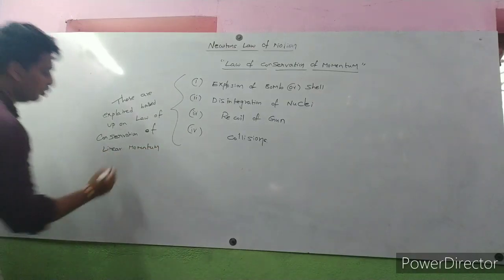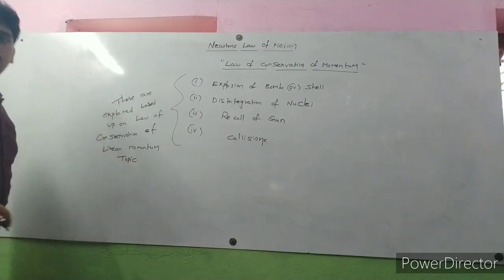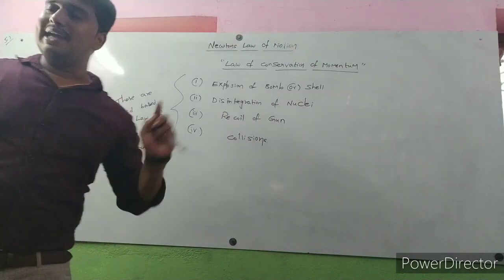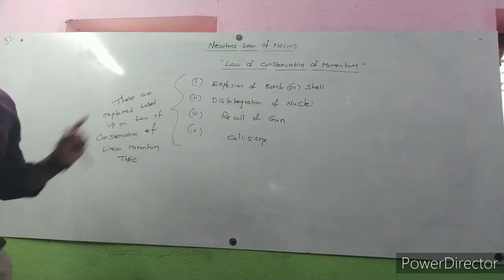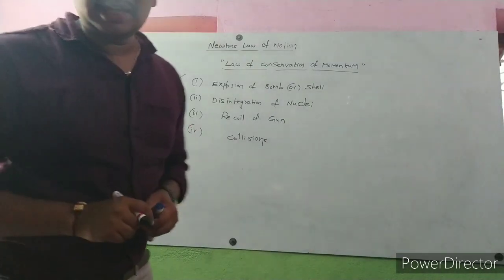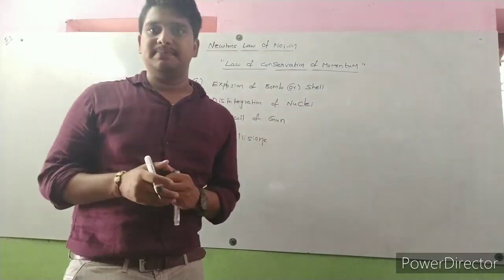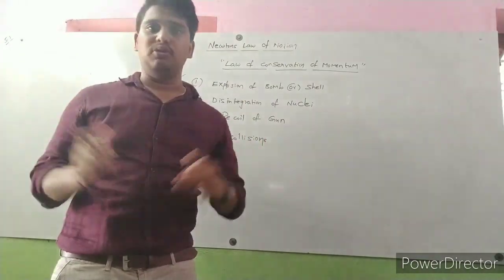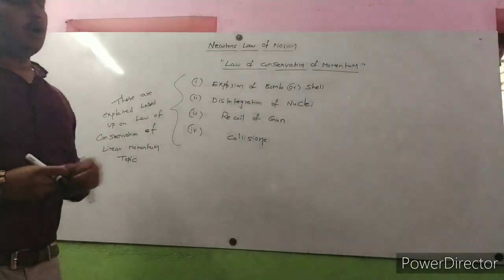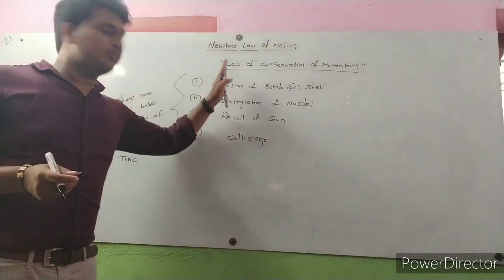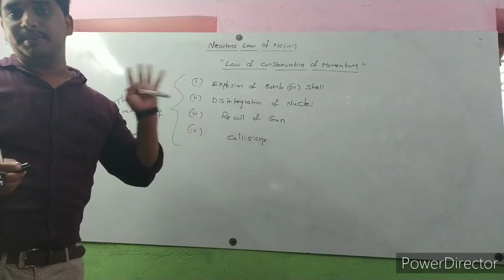So this is very, very important. One is explosion of bomb, disintegration of nuclei, next recoil of gun, collisions. Problems are also asked based upon these four topics only. Very, very important for the competitive exams.